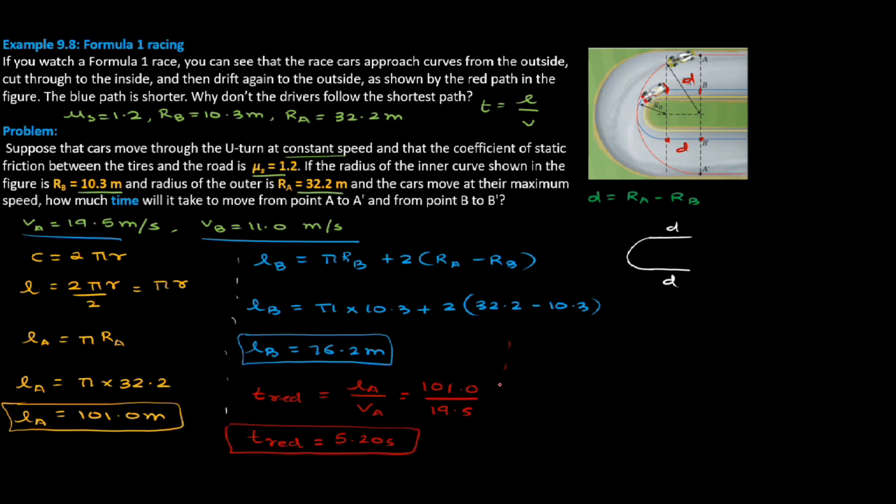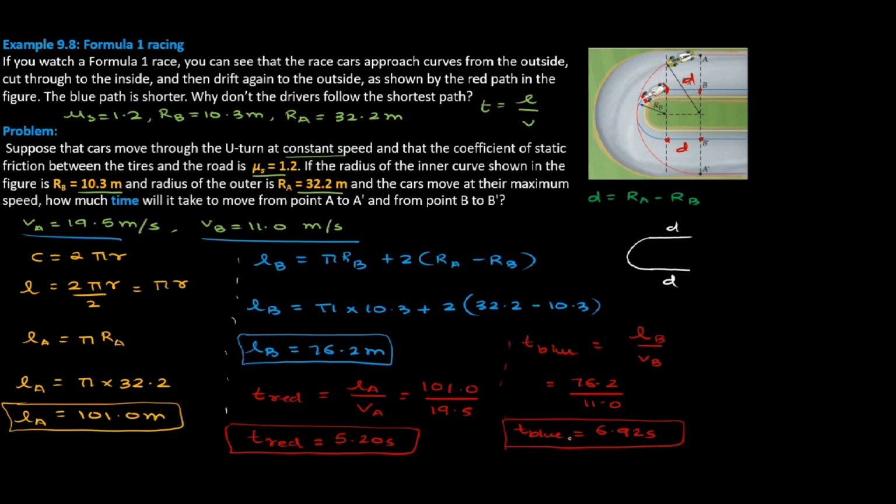We do the same thing for the time along the blue path. T for blue will be the distance traveled along the blue path over the speed. The distance traveled is 76.2 and the speed is 11 meter per second. That gives you the time along the blue path to be 6.92 seconds.